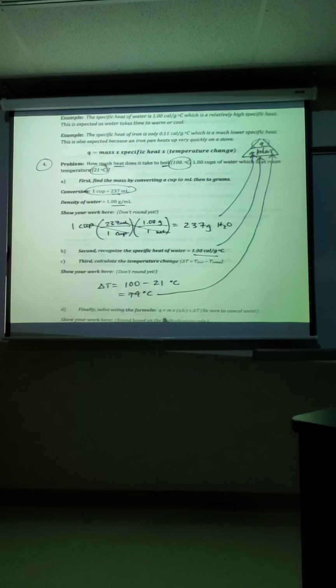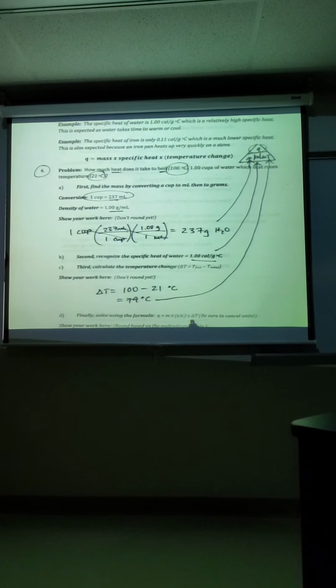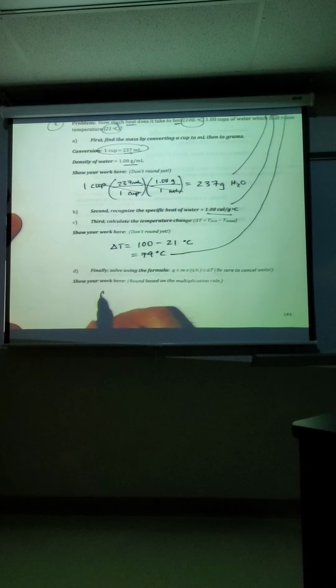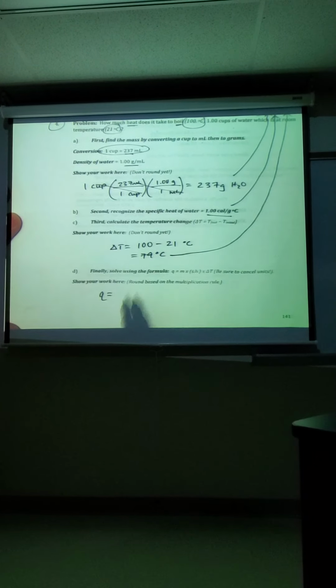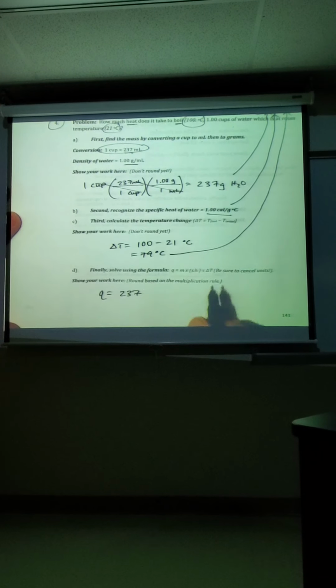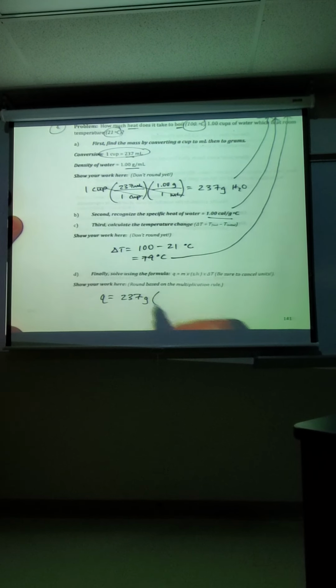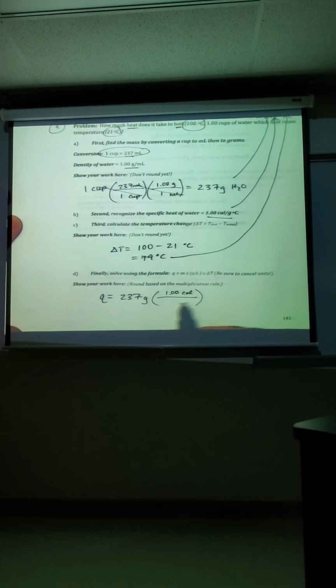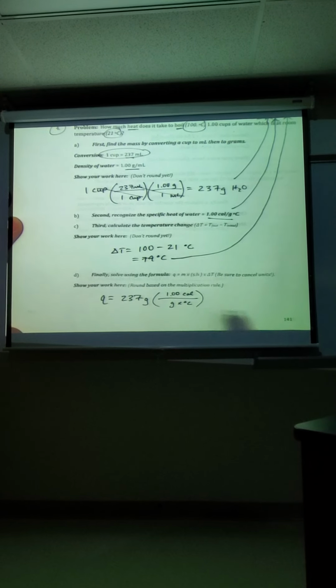So to solve, we need the mass times the specific heat times the change in temperature. So Q equals the mass. We found that to be 237 grams of water. The specific heat of water is 1 calorie of water per gram of water times degrees Celsius of the water, so grams cancel.